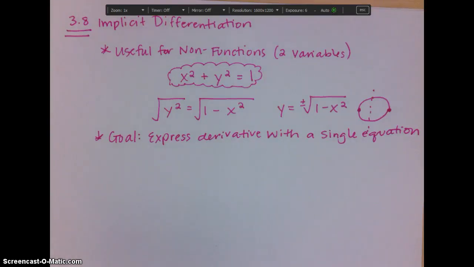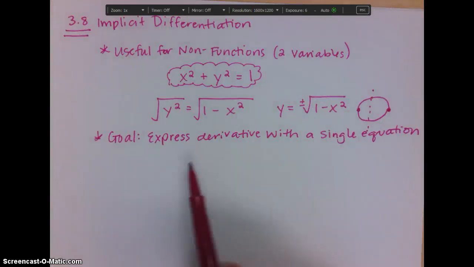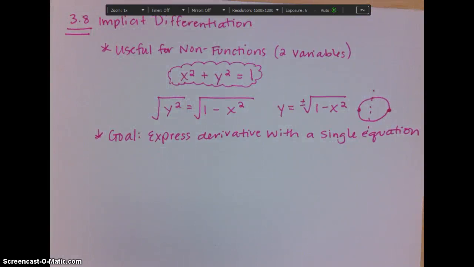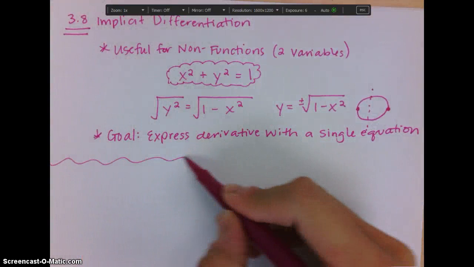Alright, so implicit differentiation is a way to get around all of this. It's so that we can express the derivative with a single equation. So let me first actually show you the process of using implicit differentiation for finding the derivative here, and then I'll summarize the overall steps of the process.